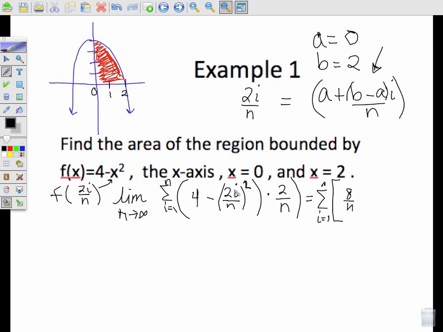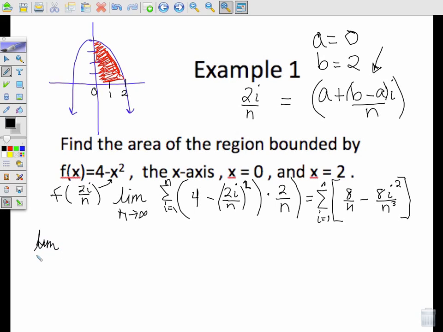And then we've got 2i over n squared, so that's 4i squared over n squared times 2 over n. So 4i squared times 2 is 8i squared over n times n squared times n is n to the third. So I would recommend going ahead and separating the sums.